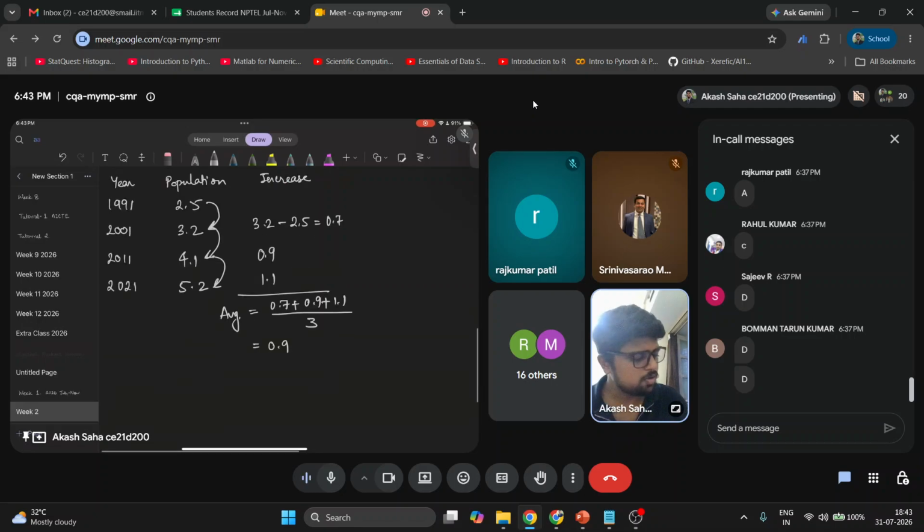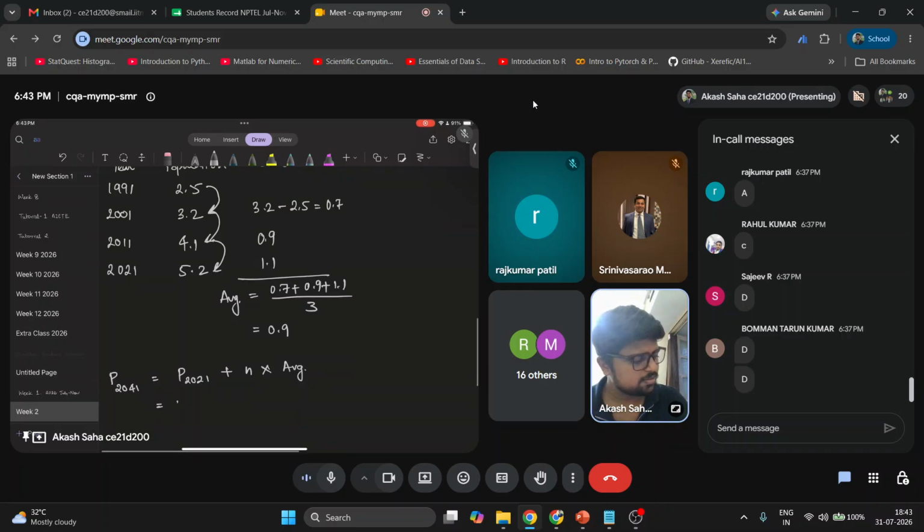Now the population in 2041 will be the population of the last decade, that is 2021, plus the number of decades times the average. So that is 5.2 plus the number of decades, from 2021 to 2041 that is 2, into the average, so that equals 7 lakhs.